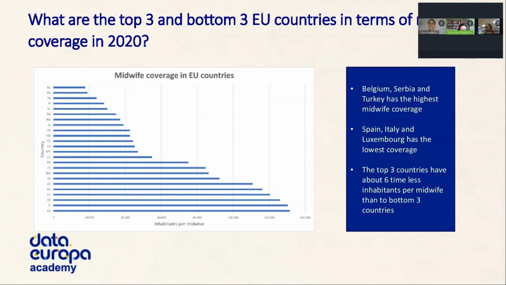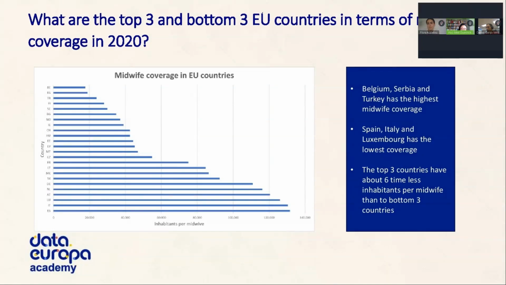So here I selected the data of 2020, I filtered it, and then I used the inhabitants per midwife as a proxy, as a metric for midwife coverage. And I also took the variable countries because we want to do the comparison. In this case, we see that the top 3 are Belgium, Serbia, and Turkey. And the bottom are Spain, Italy, and Luxembourg, having lower coverage.